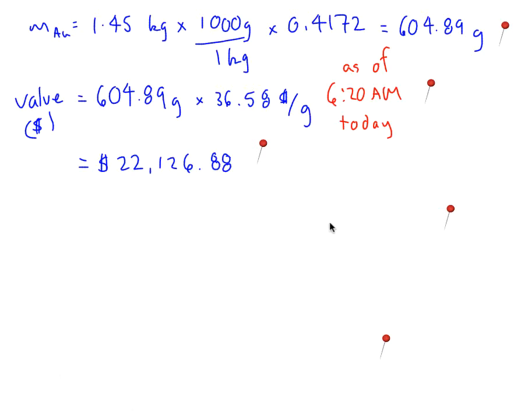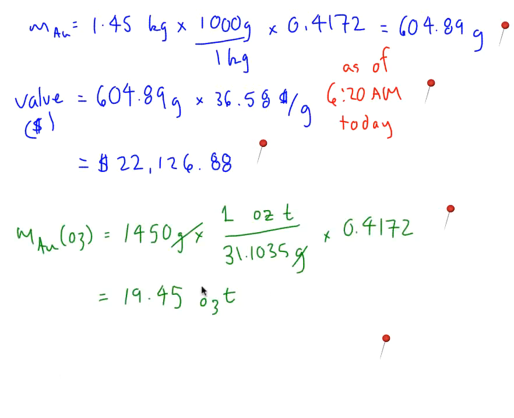Well, if we want to do it using the troy ounce, which is the more common way to actually report the value of gold, we first have to convert grams to troy ounces. And so there's the conversion. 1 ounce troy equals 31.1035 grams.